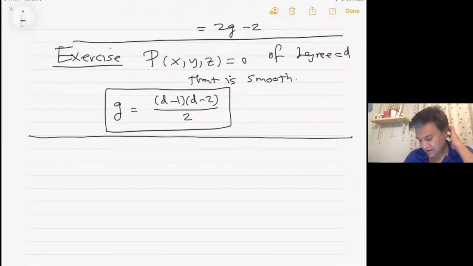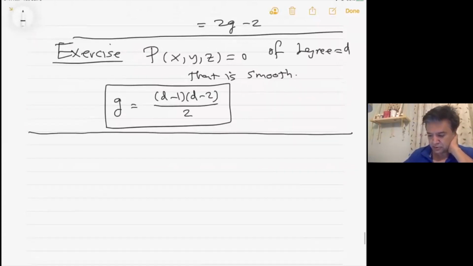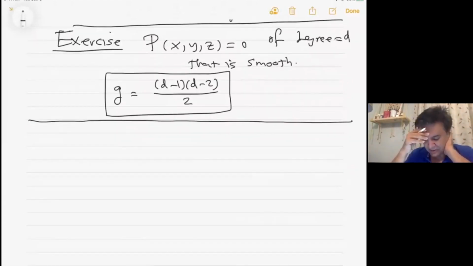So I have about 10 minutes, and in these 10 minutes, I want to give you some heuristics for why the Riemann-Roch theorem is true.